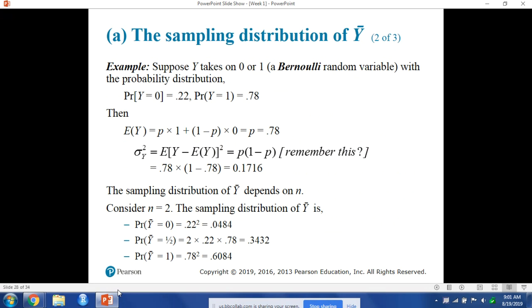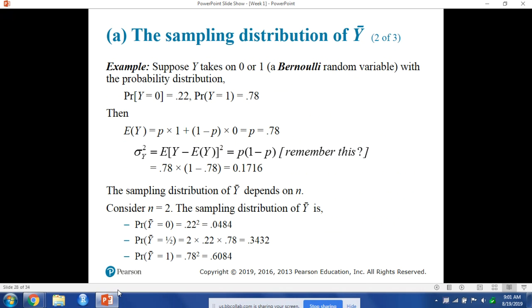To find the average or the expectation of y, we take the probability p of our first outcome. We find the variance by multiplying the probability of one outcome times its complement, which is 1 minus p. However, our interest is the sampling distribution. So what happens when we increase the sample size?